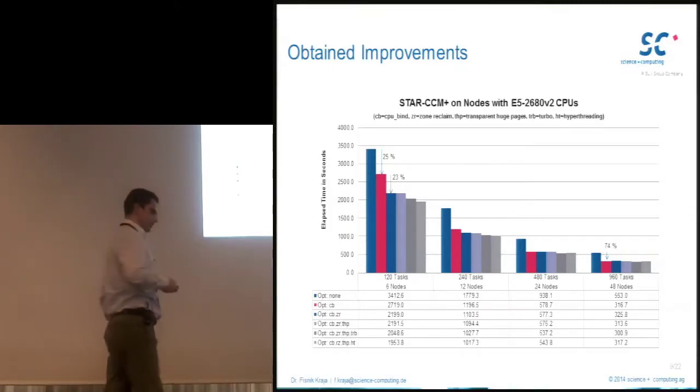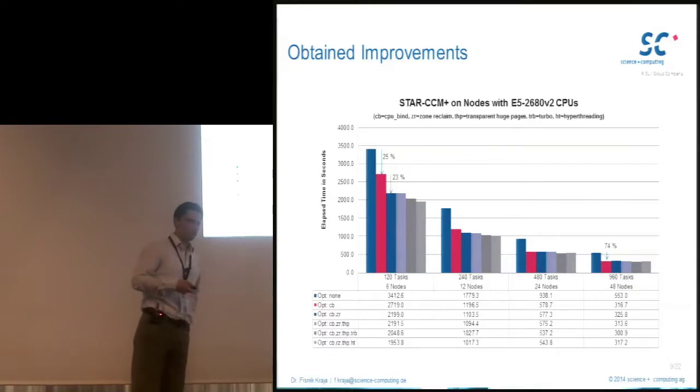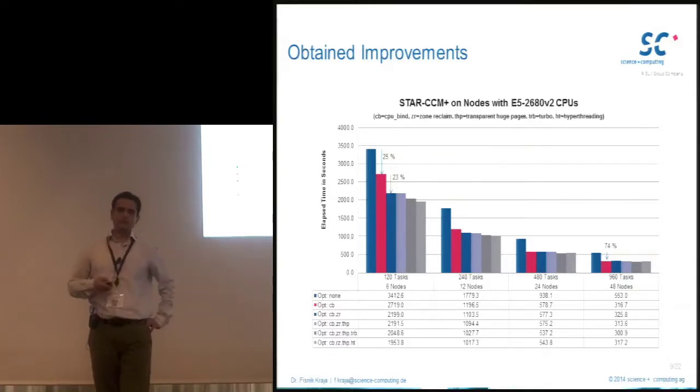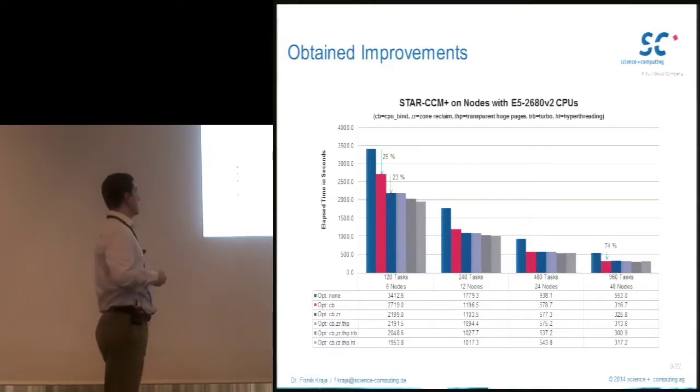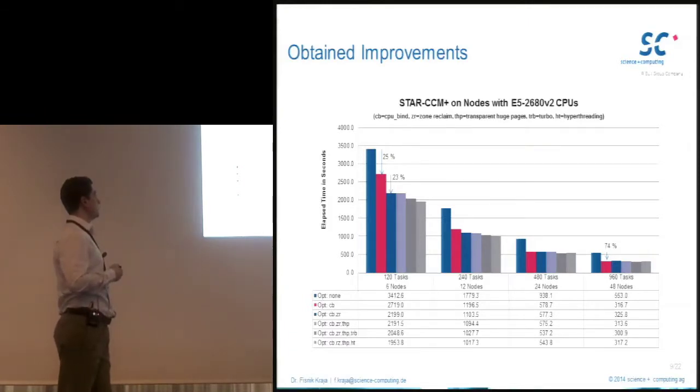And on this node you have more communication, probably also between the two sockets in the node, and that's why you see more effect when you have tests on fewer nodes.